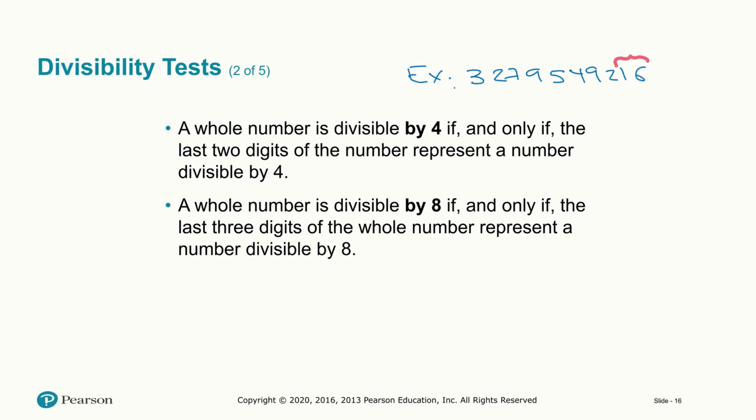Same goes with divisibility by 8, but you have to add another digit. So if the last 3 digits of a number are divisible by 8, then the whole number is divisible by 8.